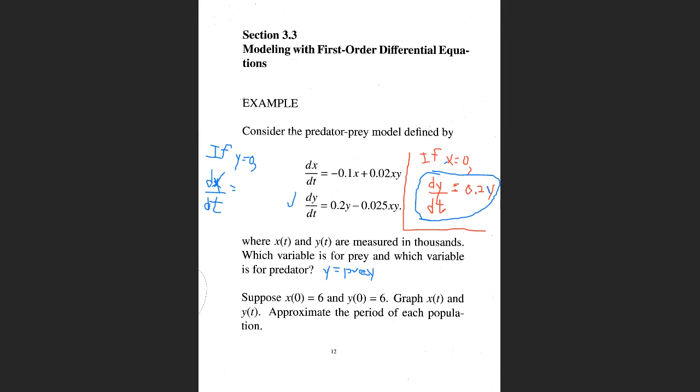Hold on, I'm over here now. So now I'm looking at the first differential equation, and I'm saying, what if y equals 0? Then dx/dt equals, good, negative 0.1x. Trying to write this the best I can. Is that exponential growth or exponential decay?